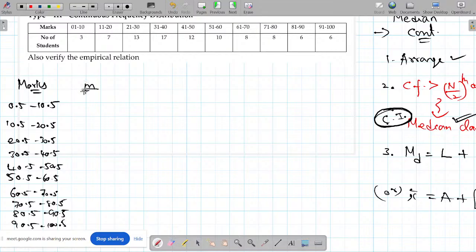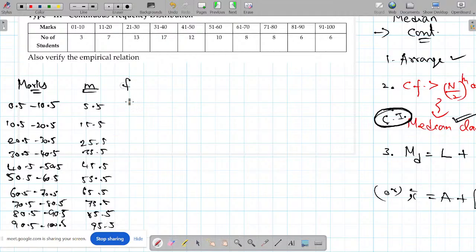Okay, then I'll have what value? M. What is M? The middle value. 5.5, 15.5, 25.5, 35.5, 45.5, 55.5, 65.5, 75.5, 85.5, and 95.5. Then the frequencies: 3, 7, 13, 17, 12, 10, 8, 8, 6, 6.